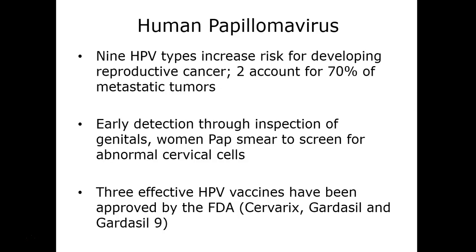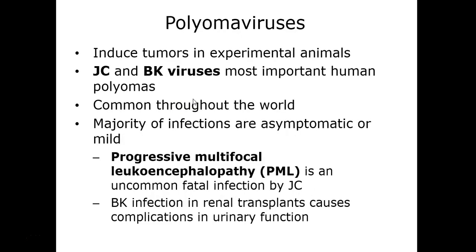HPV is one of the most common of all of the sexually transmitted viral diseases. And it does have the ability to integrate its DNA into our host chromosome. The polyomaviruses are a viral family that is able to produce a progressive leukoencephalopathy, which basically starts to impact the brain white matter.